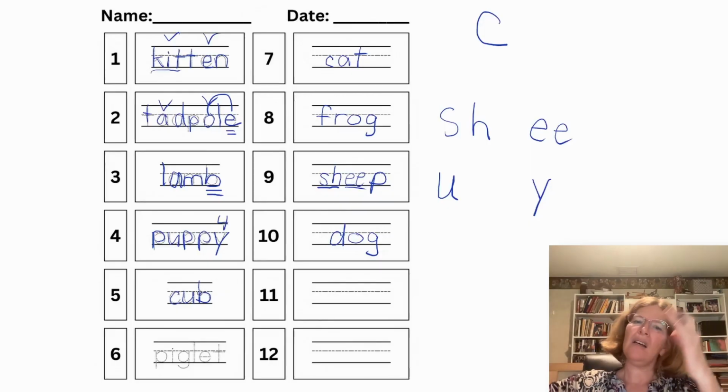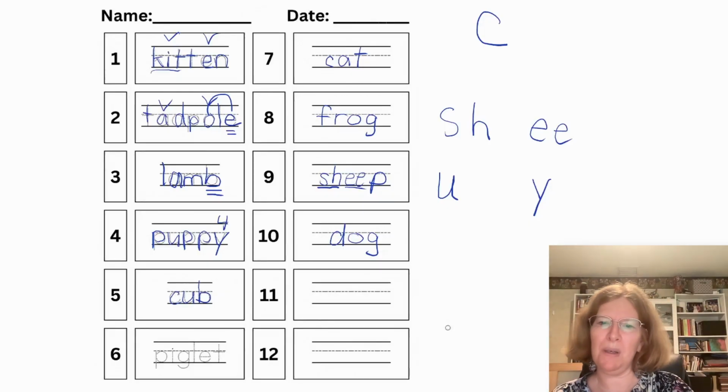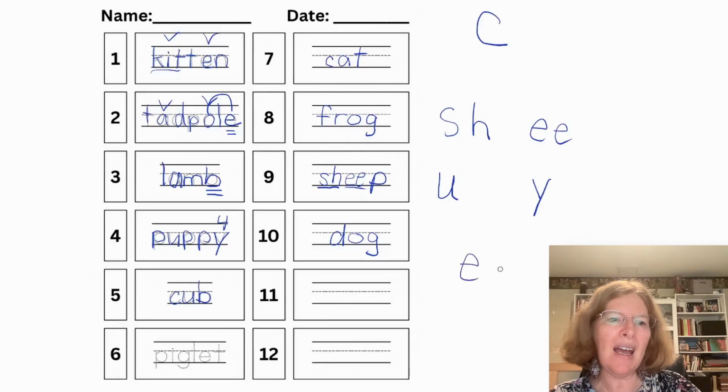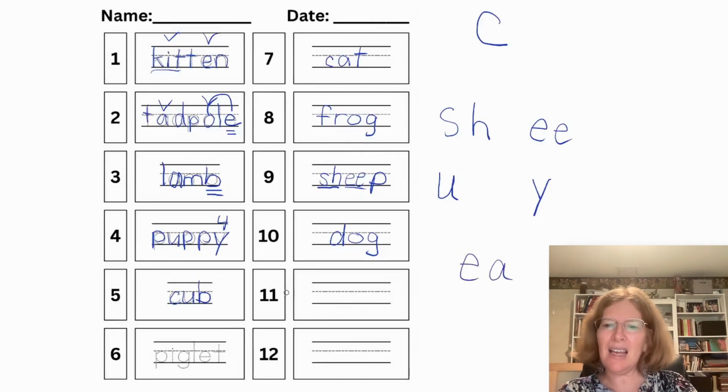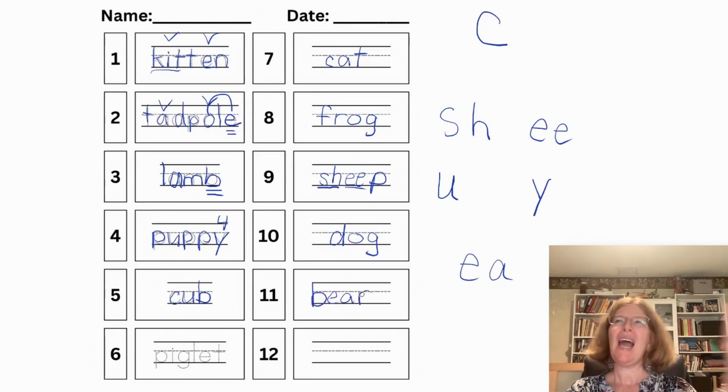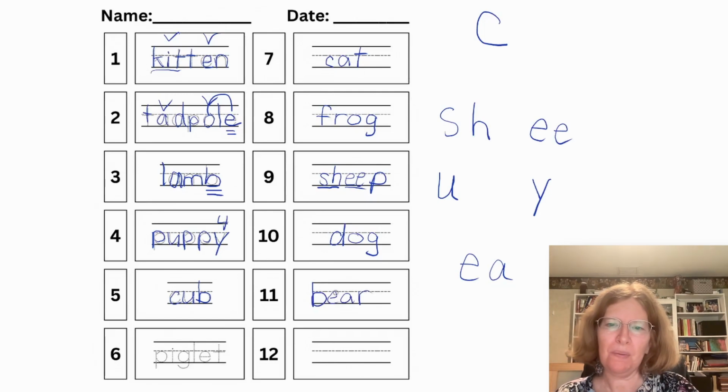Now, what does a cub grow up to be? A bear. Now we're going to use the E-A to make the A sound. Let's write bear. Remember, B. Stick first. B. Air. Bear. And how do we mark this word? You underline the E-A.